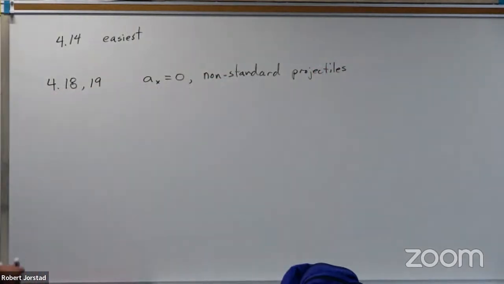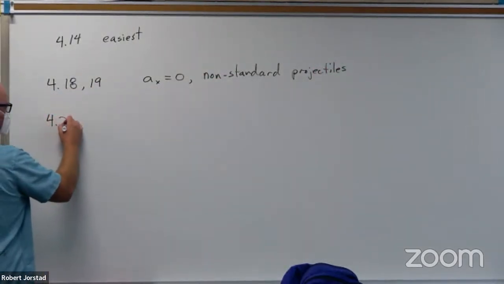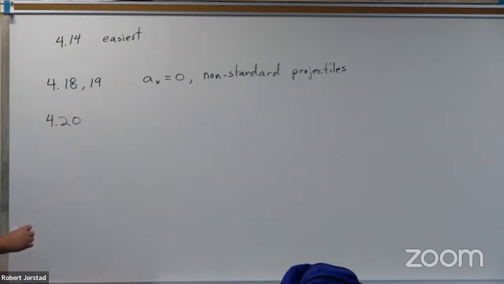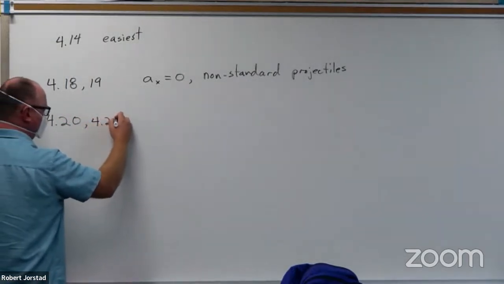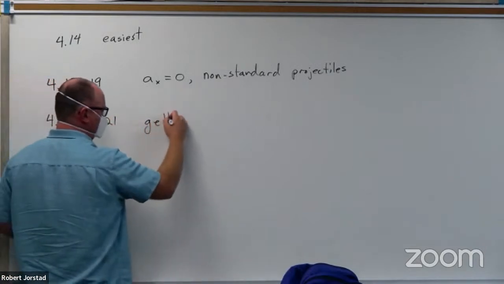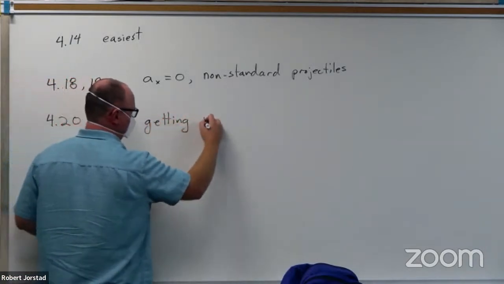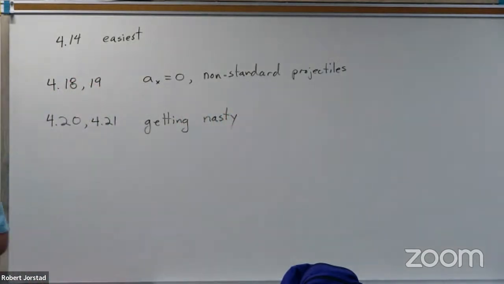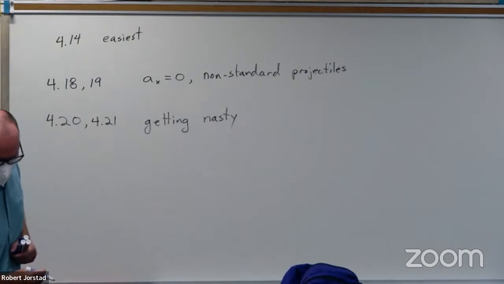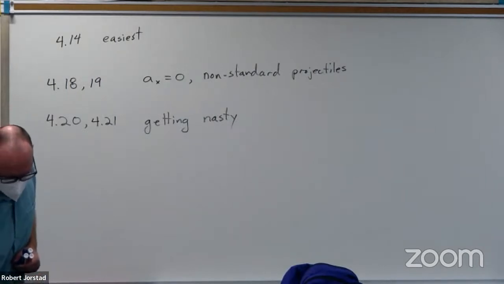And then 4.20 is a good problem. So is 4.21. They start to get a little bit nasty there. And 4.15 and 4.16, and 4.17 is a sneaky one.